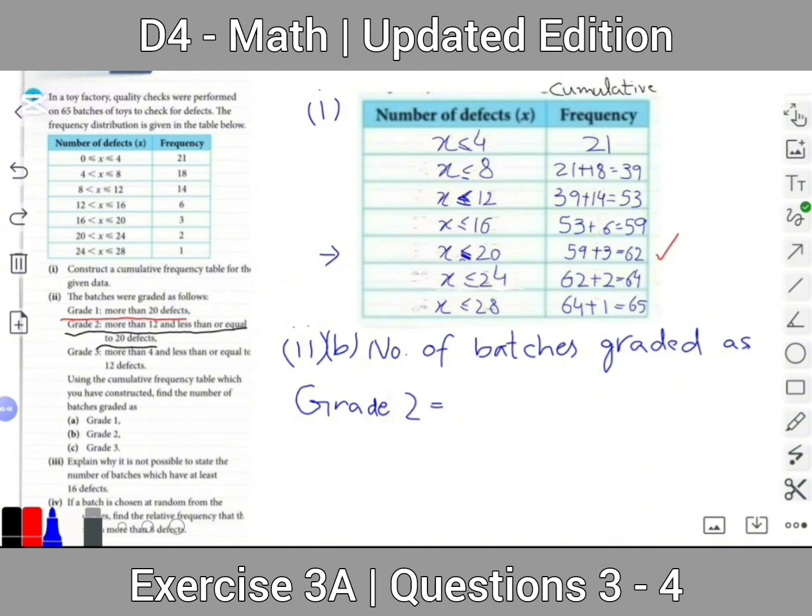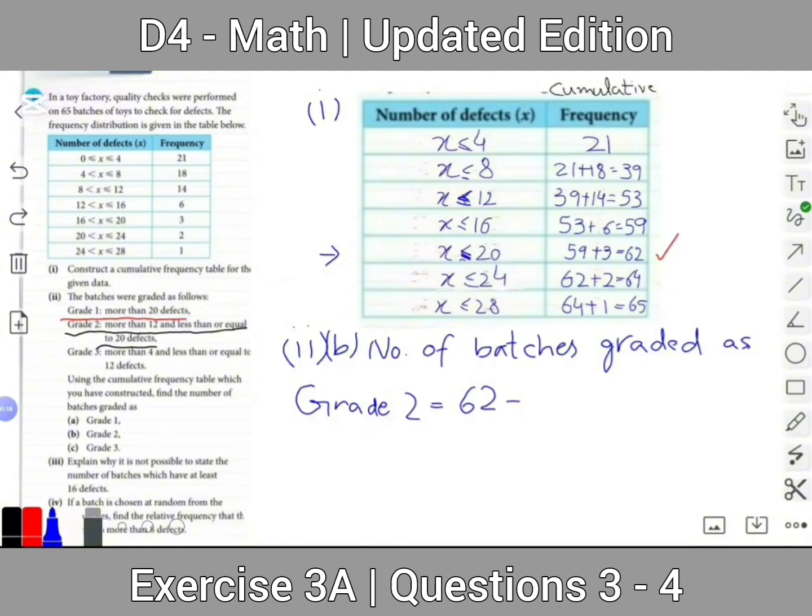Since for less than or equal to, we have two limits. The upper limit is less than or equal to 20 defects and more than 12 is our lower limit. So for the upper limit we have x number of defects less than or equal to 20. So the cumulative frequency in the case of x less than or equal to 20 is 62 minus.